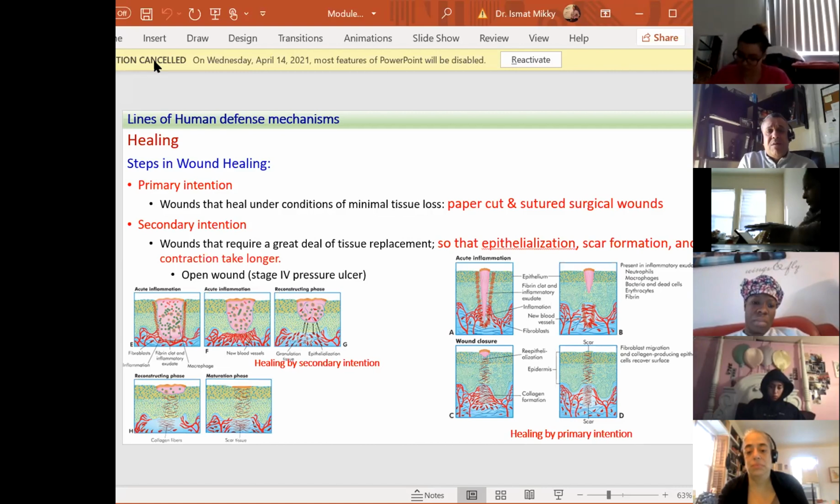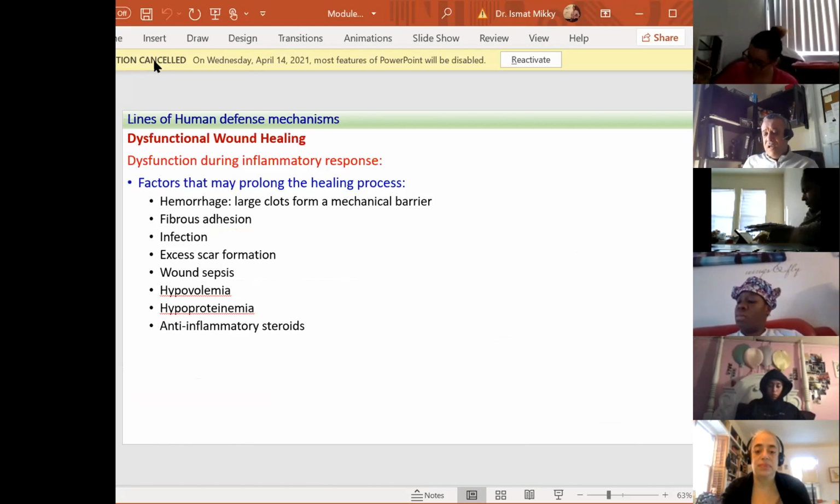In terms of scar tissue, zero scar tissue in some of these primary intention wounds. Same thing with a surgical wound: with great sutures, it can also result in no scar tissue at all. But with secondary intention there is always a scar tissue, given the pathophysiology of the healing process.